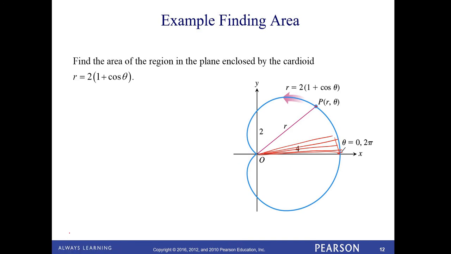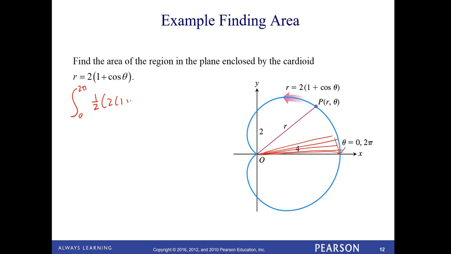All right, let's take a look and see what we need to do. So we're going to take the integral from 0 to 2 pi of 1/2 r squared. Oops, excuse me, pi over 4 was the last one. This is r.